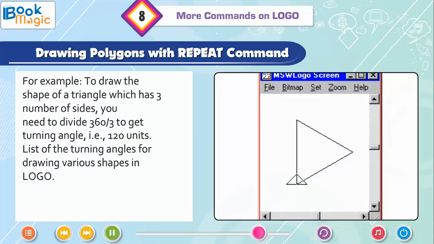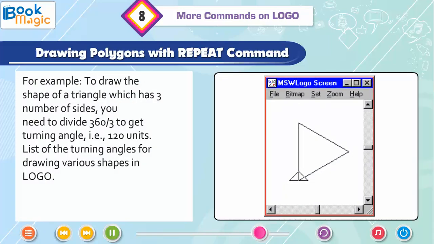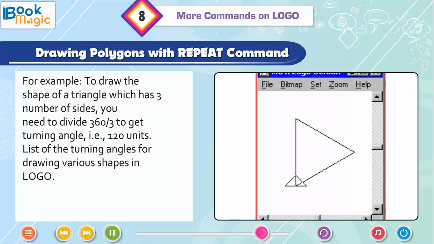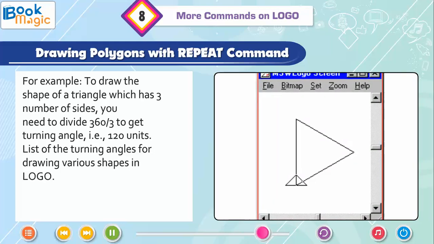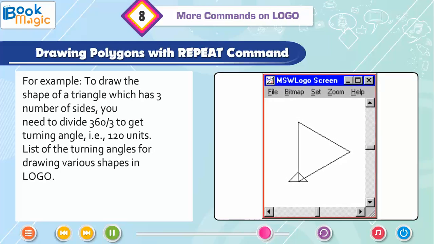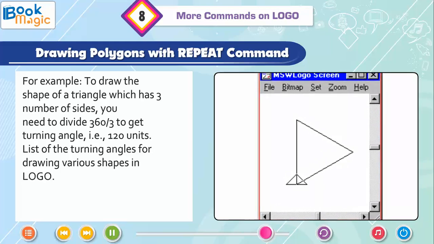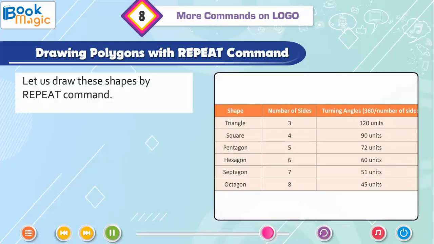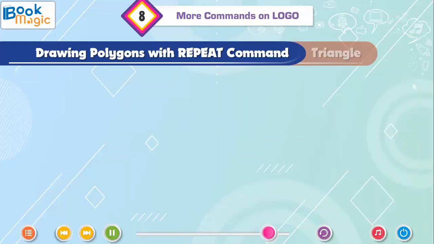For example, to draw the shape of a triangle which has 3 sides, you need to divide 360 upon 3 to get the turning angle, that is 120 units. A list of the turning angles for drawing various shapes in Logo is given. Let us draw these shapes by repeat command.